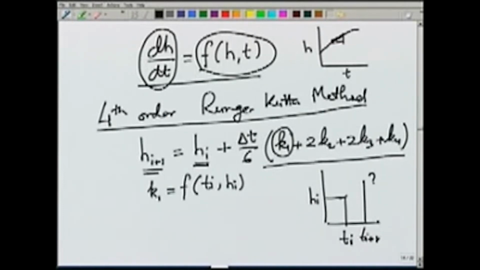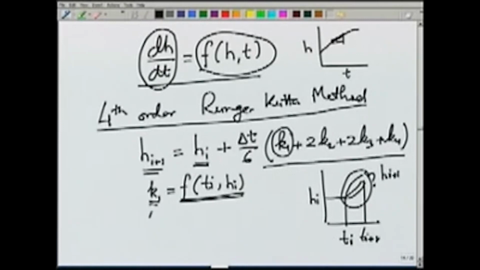So, what will be this value hi plus 1, whether the h curve will go like this or like this or like this. So, this is our aim, finding out the value at the end of this time interval, hi plus 1. So, what we do here, since ti and hi are known, we can find a slope dH by dt at the point ti hi.